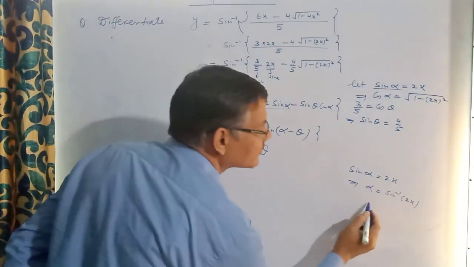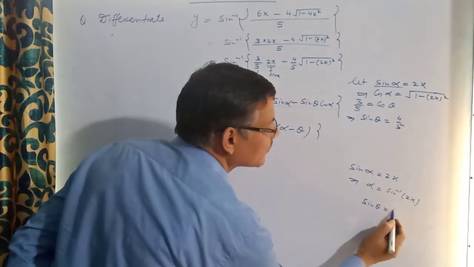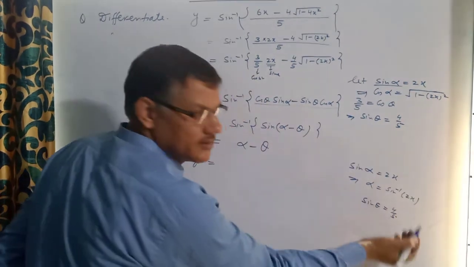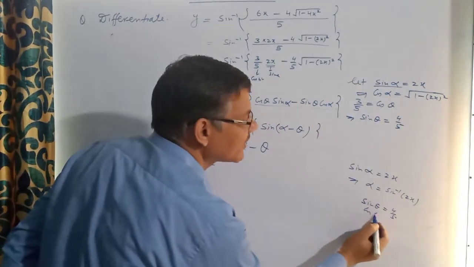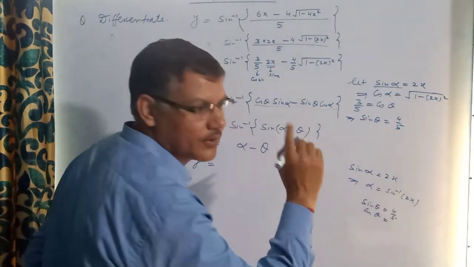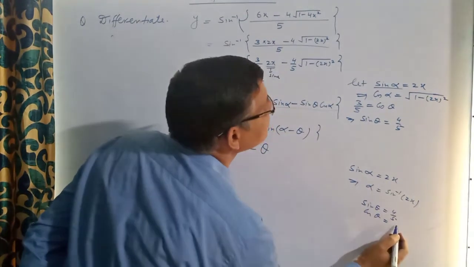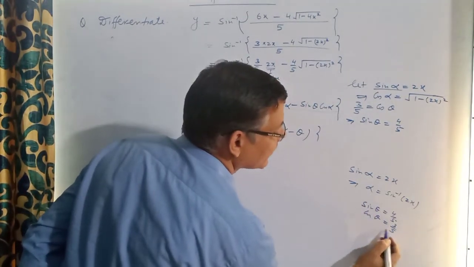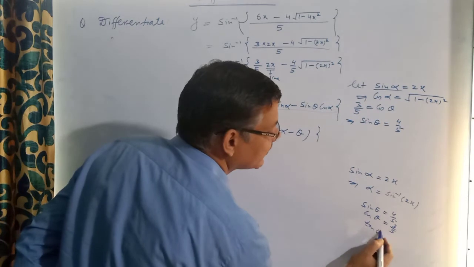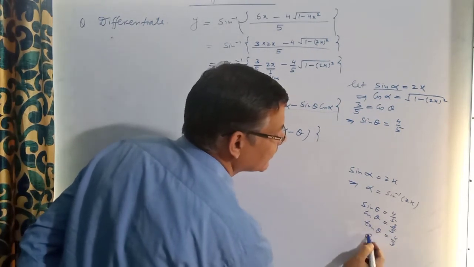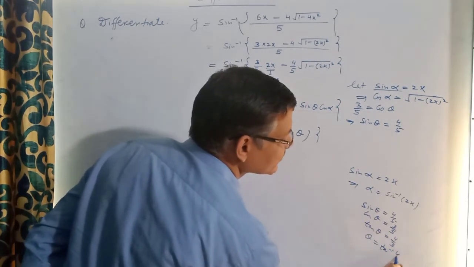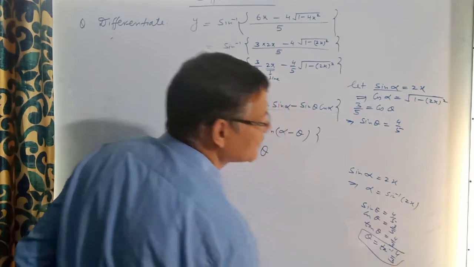Okay. Now sine theta is equal to 4 by 5. Directly we may write theta equal to sine inverse, or maximum times we use the form of cos theta. So cos theta is 3 by 5. So tan theta is equal to 4 by 3. Theta equal to tan inverse 4 by 3. Here it is not required to change in tan.